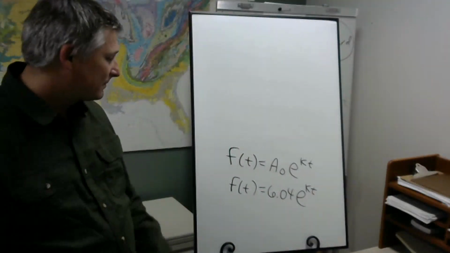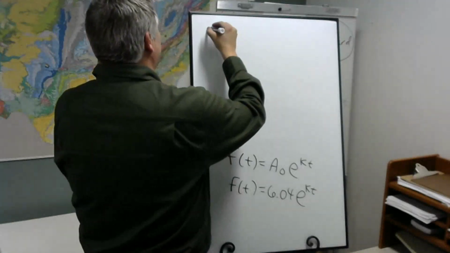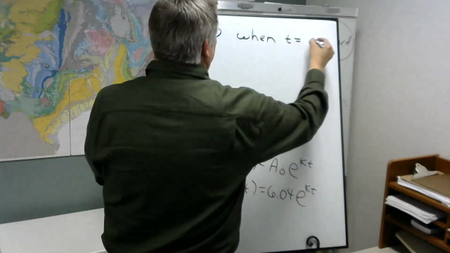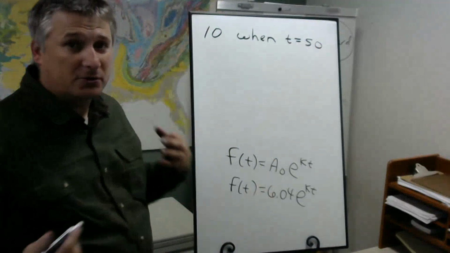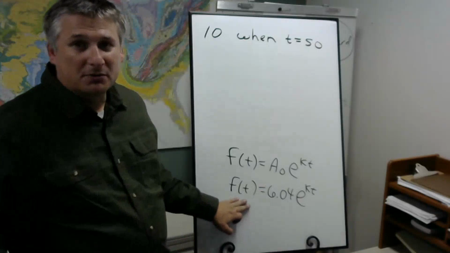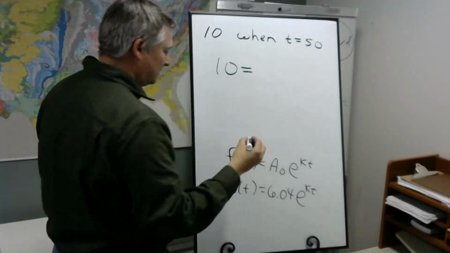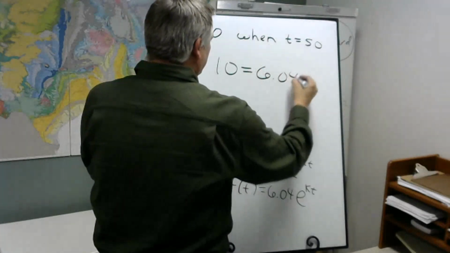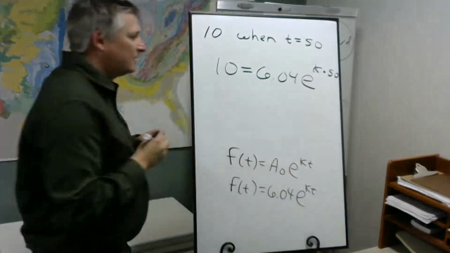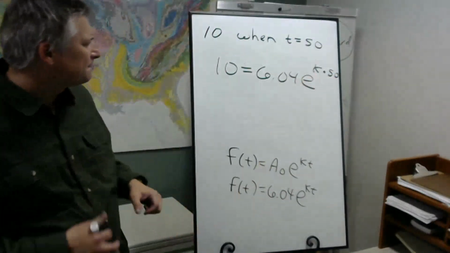Now we've got to find k. Now it's projected that the population is going to be 10 million when we're 50 years away from 2000, or the year 2050, or t is 50. Now f of t represents the population. So that means 10 equals 6.04 e to the k times 50. And so now we've got to use those skills from section 4.4 to solve for k.